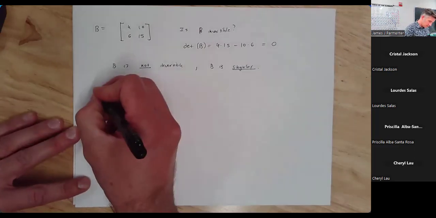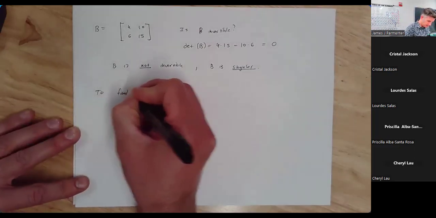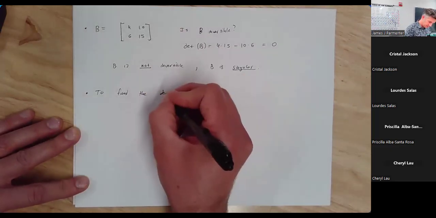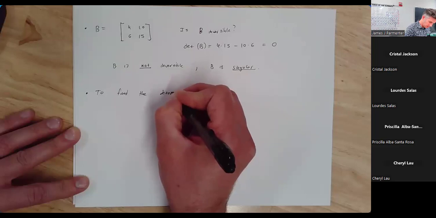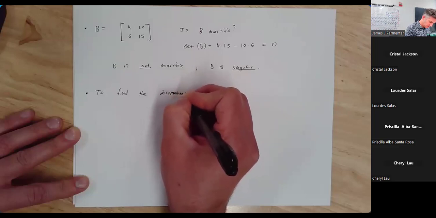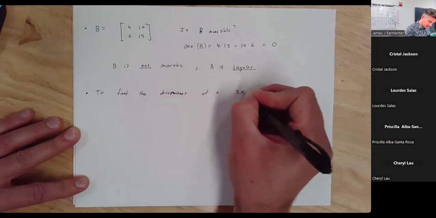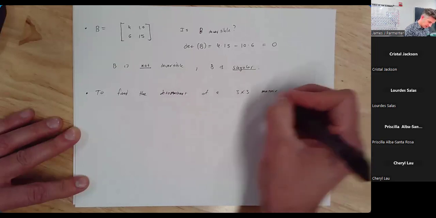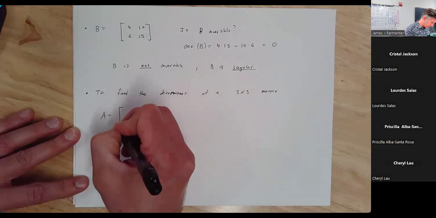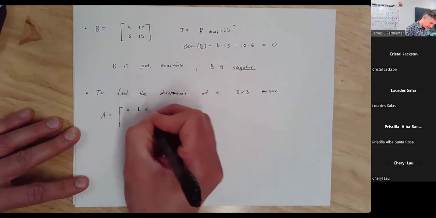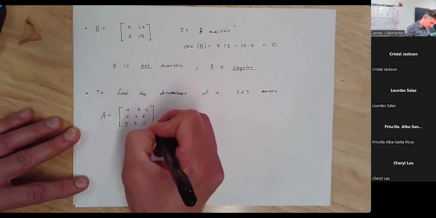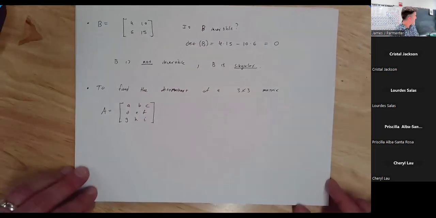So to find the determinant of a 3 by 3 matrix, let's say A equal to the matrix A, B, C, D, E, F, G, H, I. So here's what we do.